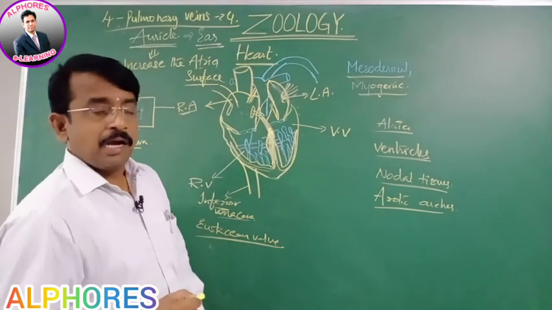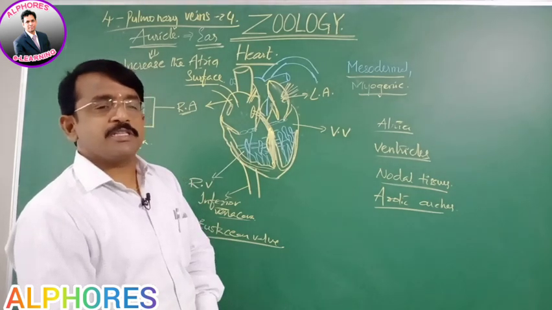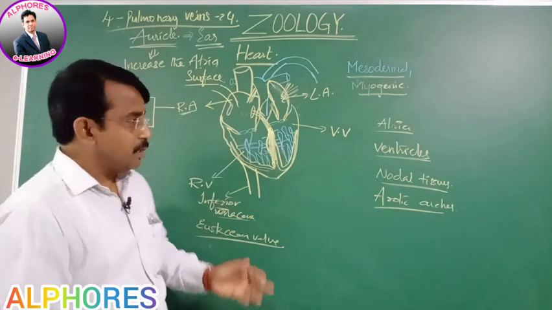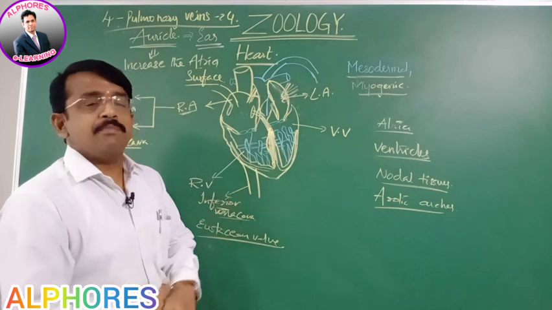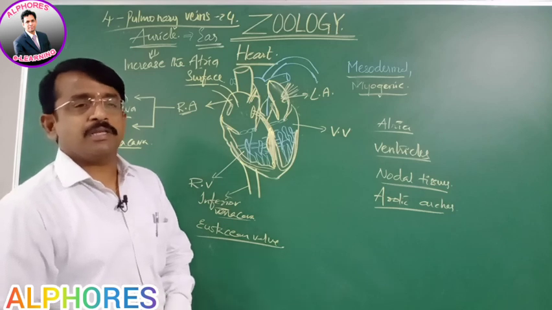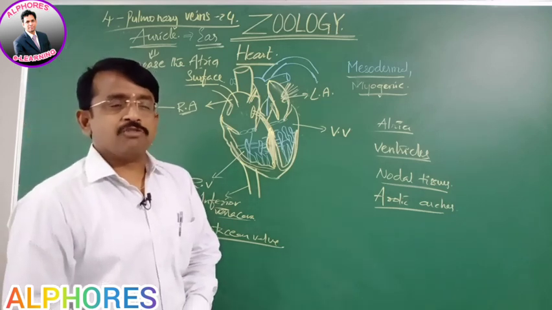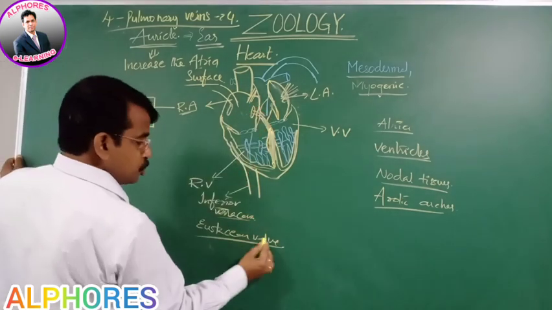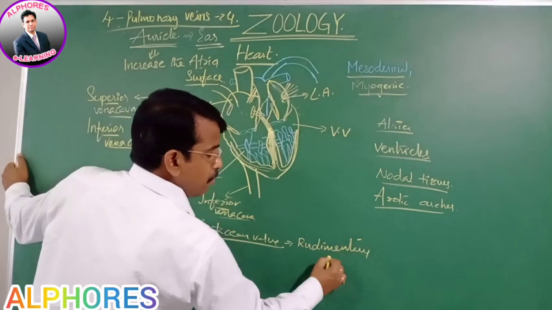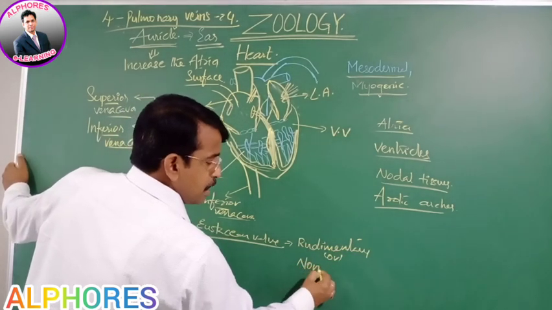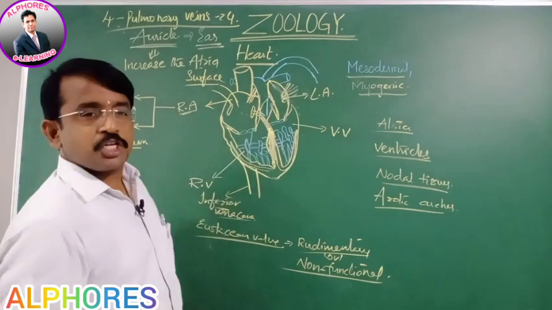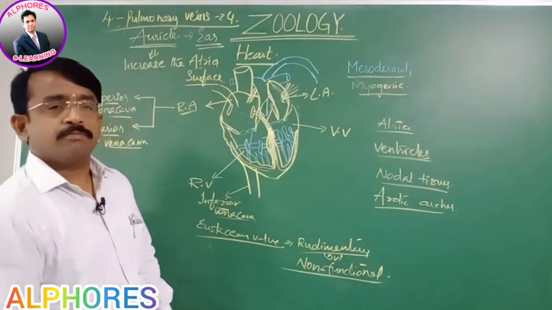In the fetal, embryonic stage, the fetus or embryo does not have independent breathing. It is dependent on the parent. Whereas just before the birth, the lungs become functional. As soon as they become functional, the Eustachian valve becomes rudimentary or non-functional. This rudimentary or non-functional valve is none other than the Eustachian valve.